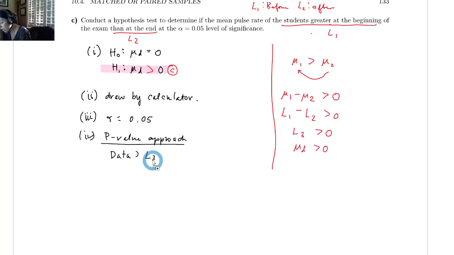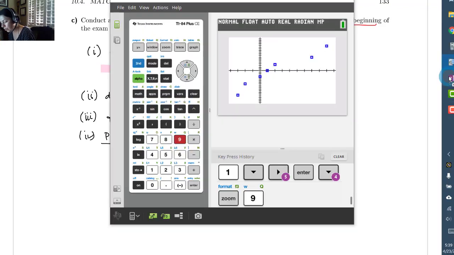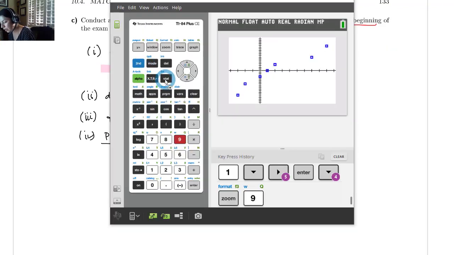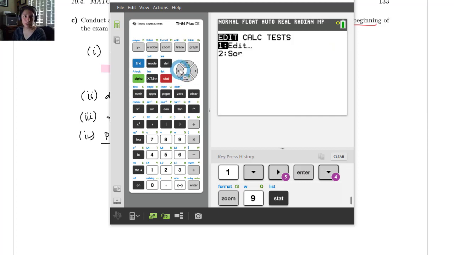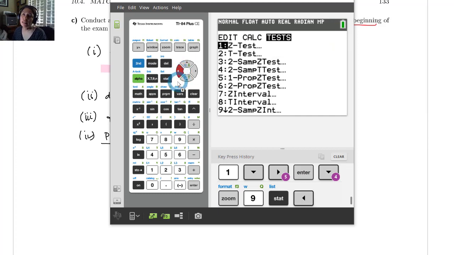So here, I'm going to go to stat, and then I'm going to go to test, and I'm not going to go to a 2-sample t-test, right? Because I'm not testing about 2 samples that are independent. I'm doing 2 samples dependent, which turns into a 1-sample t-test on the differences.